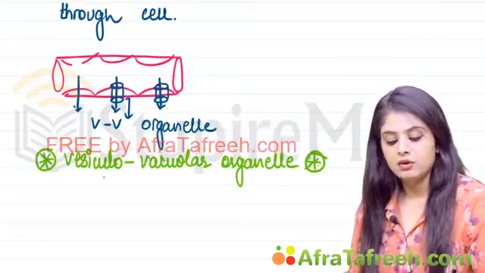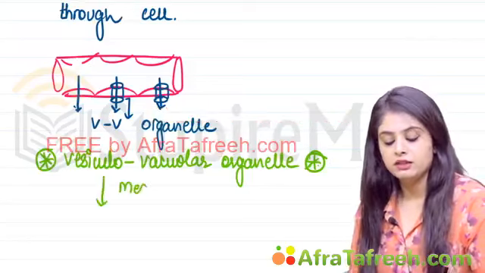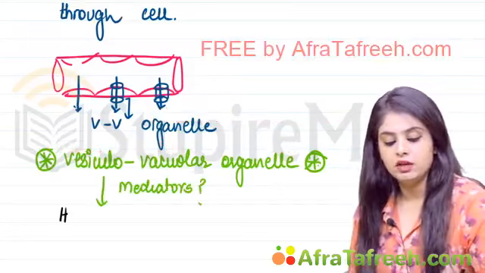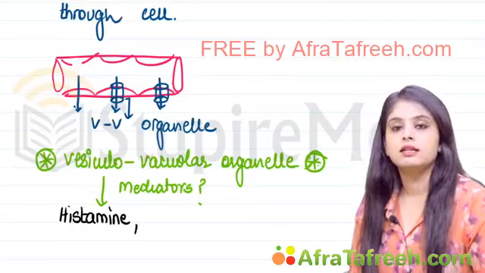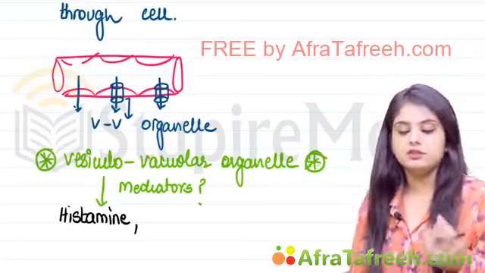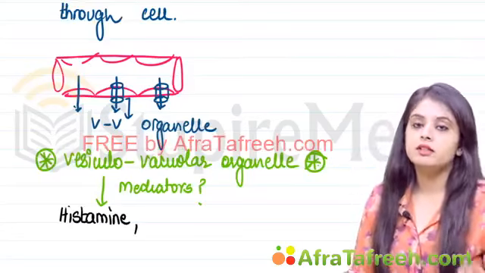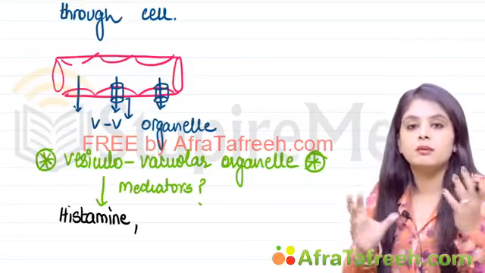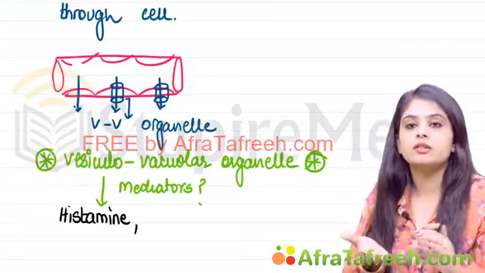And how is this VV organelle formed? What are the mediators? There are two important mediators that you need to remember. These include our favorite mediator, that is histamine. And we have, just by the name you will be able to memorize, something is forming in the endothelial cell. Some organelle or some pore or channel is forming in the endothelial cell.